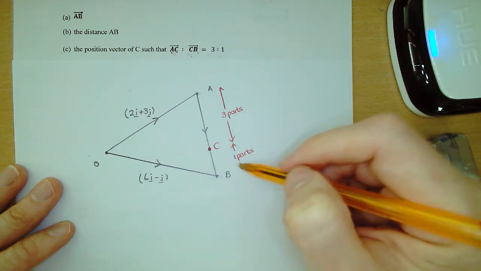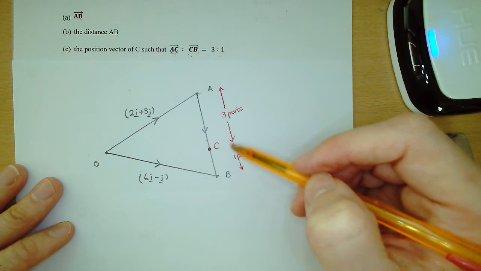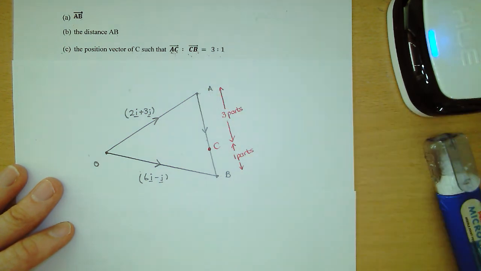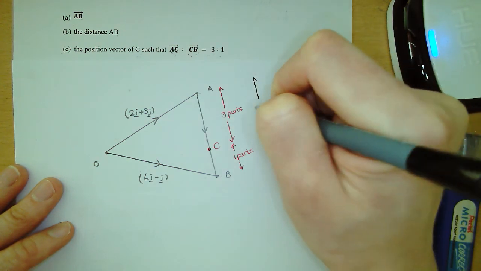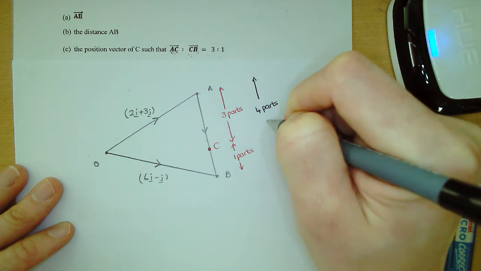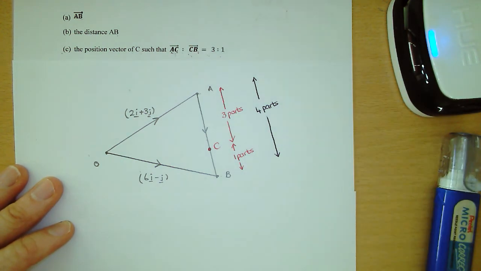We don't know what 1 part actually is, but whatever it is, we know that AC is 3 times the size of CB. And A to B is worth 4 parts in total. So it's important to get that information on your diagram before we proceed.